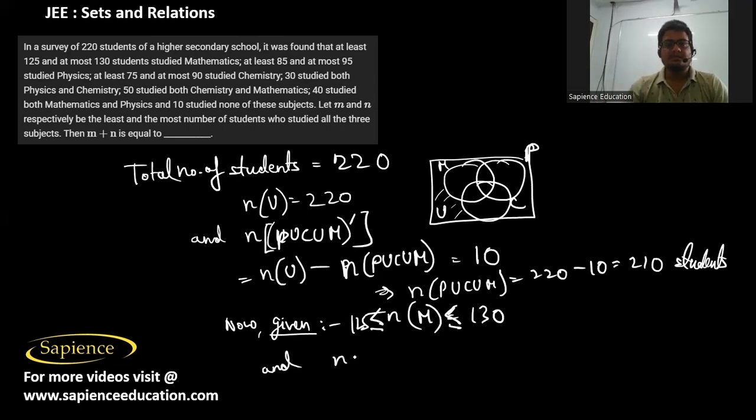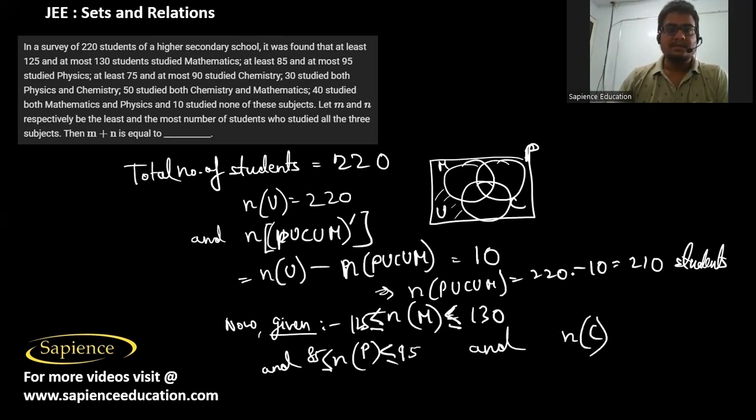And the number of students who studied physics, n of P, is at least 85 and at most 95. And n of C, the number of students who studied chemistry, is more than or equal to 75 and less than or equal to 90.